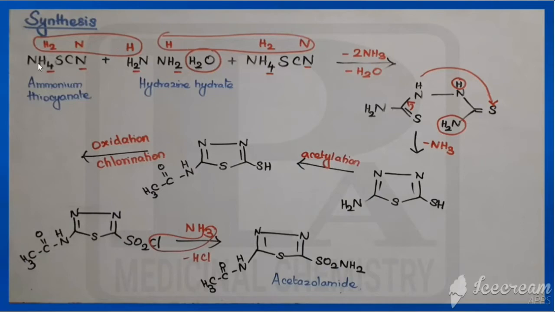So what do we have now? NH2CS, and that one should connect with NH, because this hydrogen is combined with this hydrogen and this nitrogen and eliminated as ammonia.